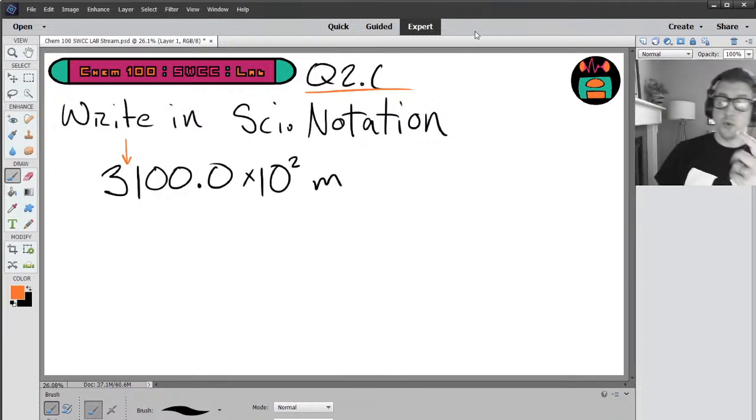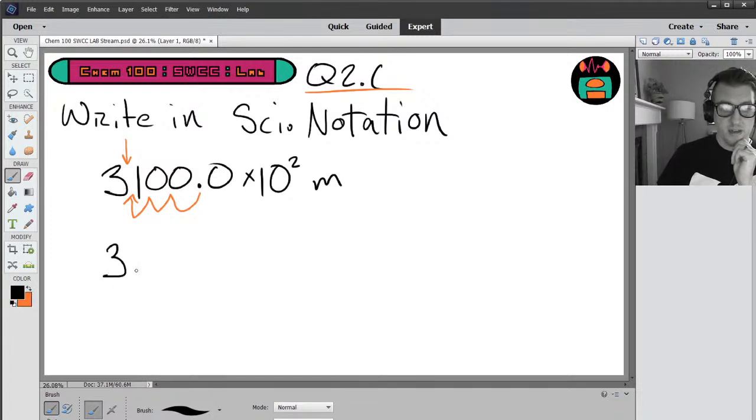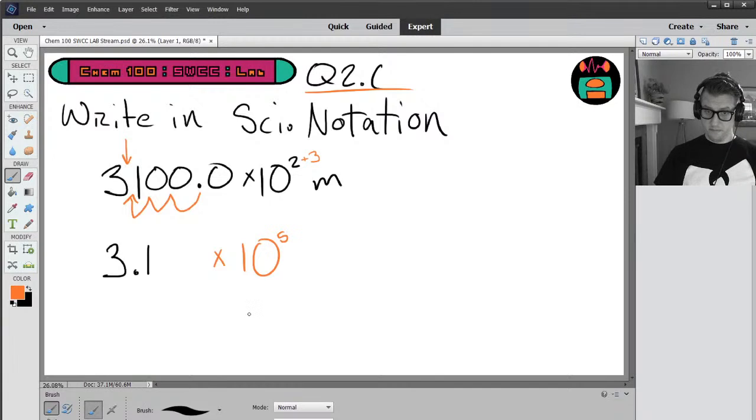So we need to move the decimal behind our first non-zero digit. That requires us to roll our decimal place over 1, 2, 3 spaces. So in scientific notation, this will be 3.1. Now there's 2 tricks to this. This isn't my final answer. First trick, since we moved this decimal place over 3 spaces, we need to add 3 to our power of 10. So this is going to be times 10 to the 5th.